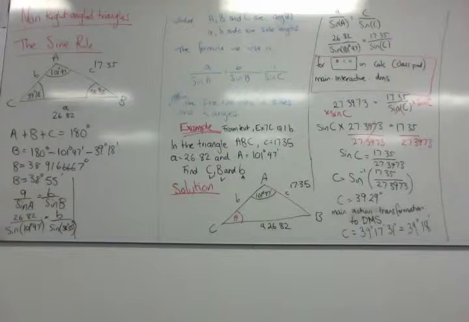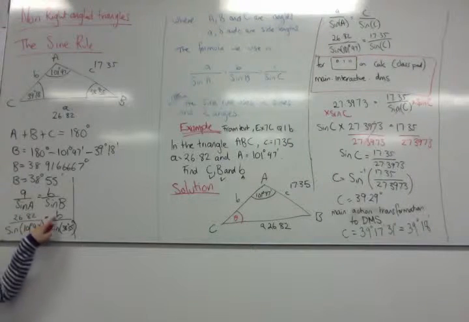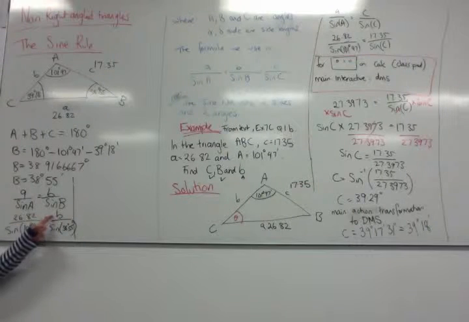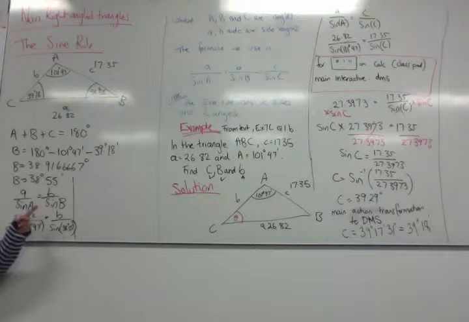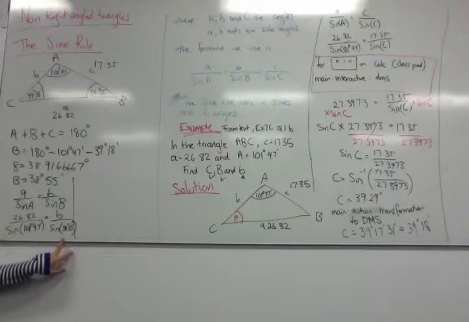What can I do to get the b by itself? Times it. The b's on top, the b's being divided by something. That's the thing we're looking for. So because we're looking for the b and it's on top, we could just multiply it by the sine of 38 degrees and 55 minutes. And that will give us the b by itself.